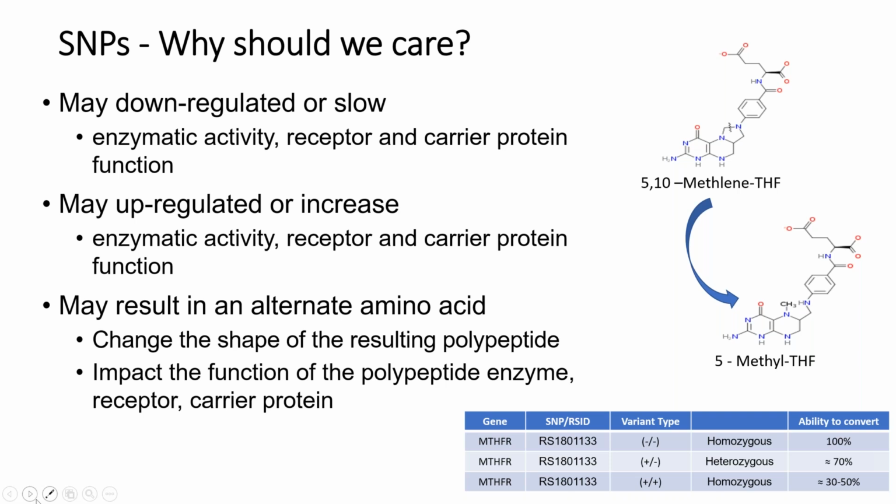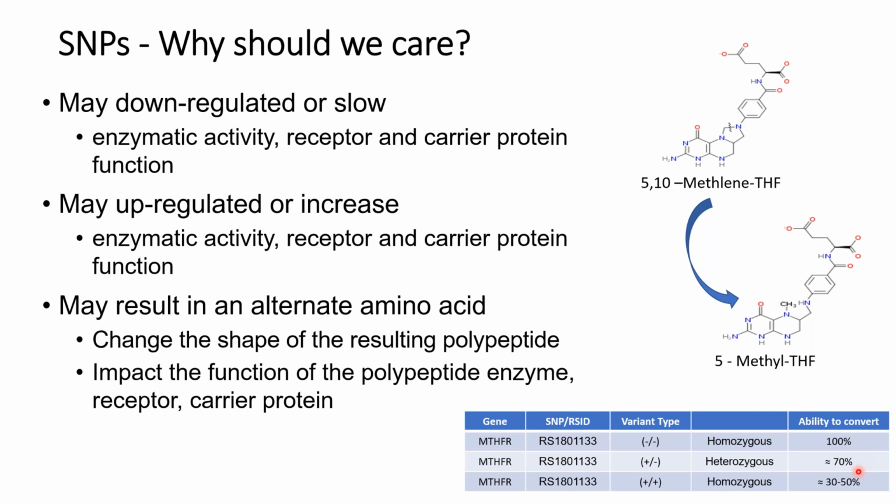Some of the research, specifically with MTHFR, is showing that a heterozygous plus minus SNP can reduce the ability of methylation by 30%. Optimal conversion of about 70%.